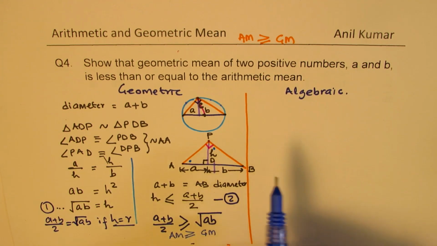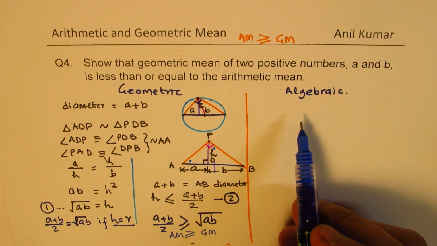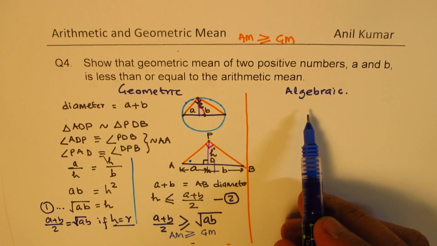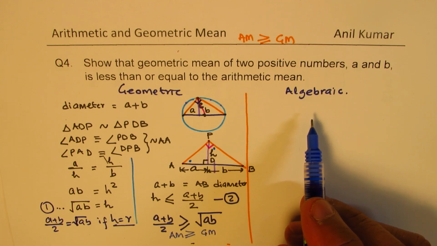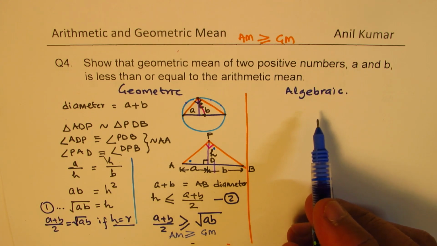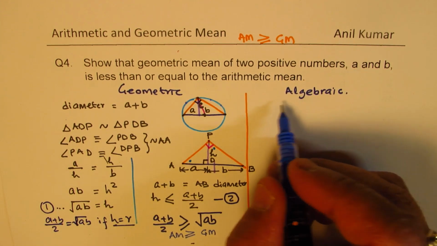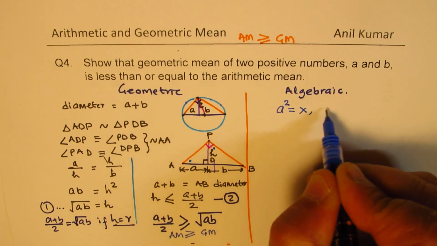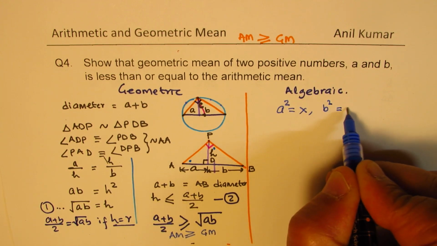Now let's also try to prove the same using algebra, right? So what we will do here is a kind of substitution. Let us say a squared is equal to x and b squared is equal to y.